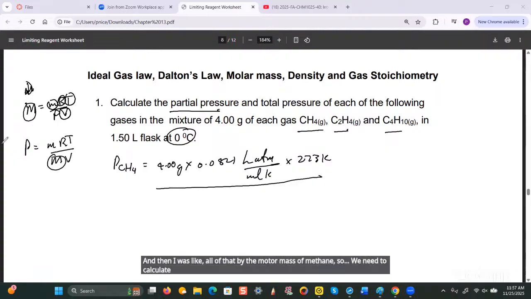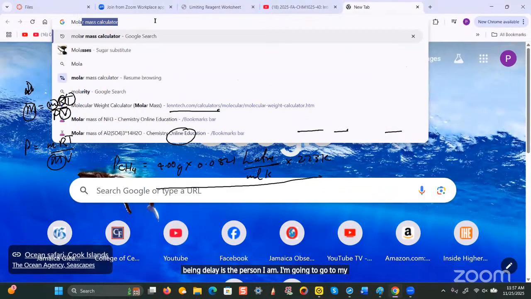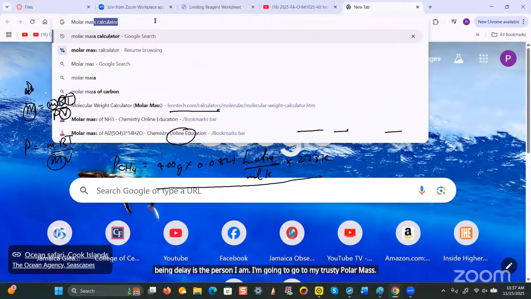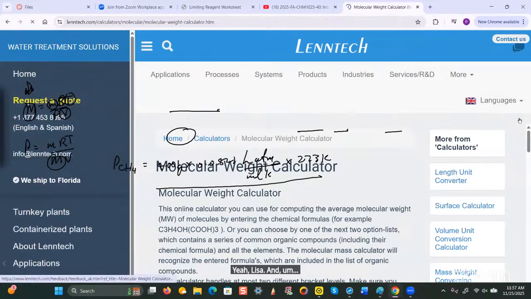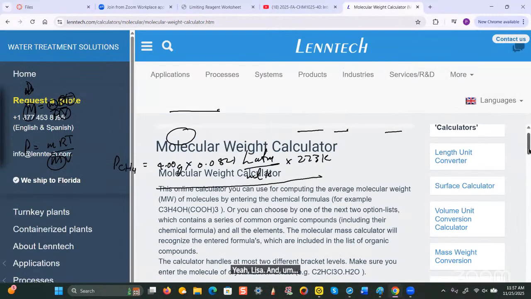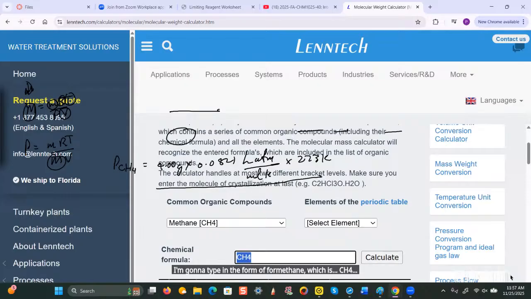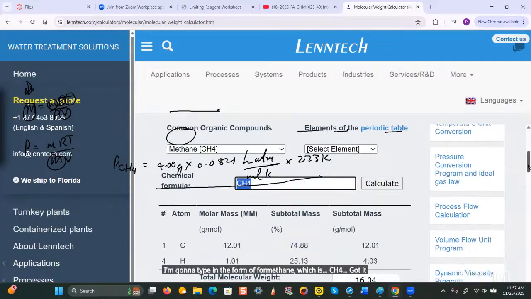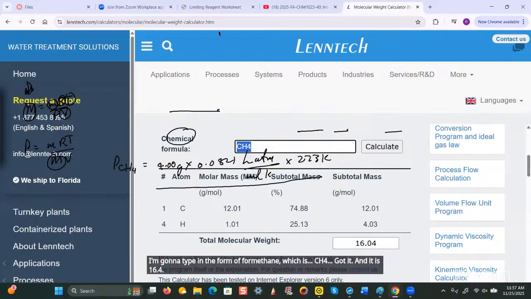And of course, being the lazy person I am, I'm going to go to my trusty molar mass calculator and type in the formula for methane, which is CH4. Calculate. And it is going to be 16.04 grams per mole.